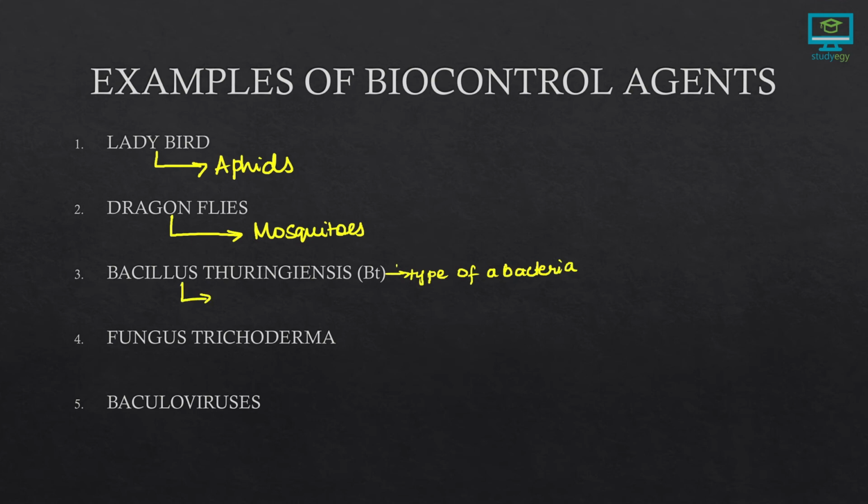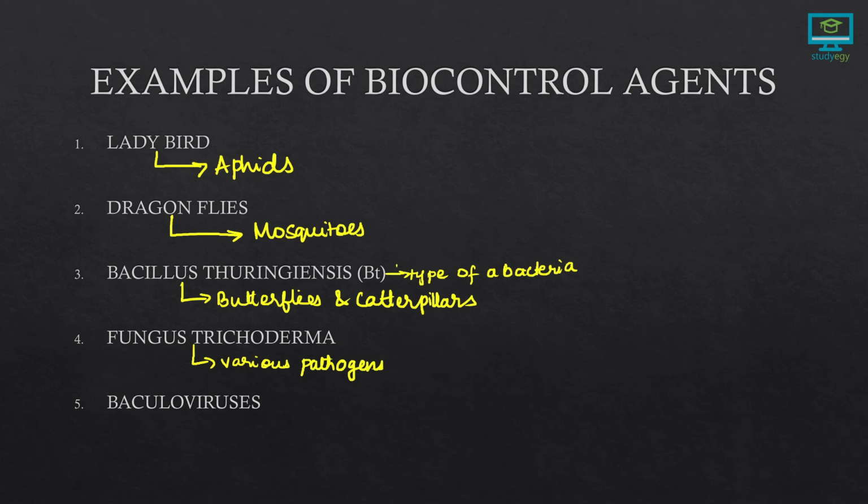We use Bacillus thuringiensis or Bt to keep away certain butterflies and caterpillars. Next, the fungus Trichoderma, which we use to eradicate various pathogens. And baculoviruses we use to get rid of insects and certain arthropods.